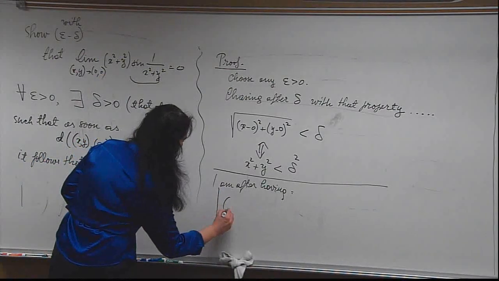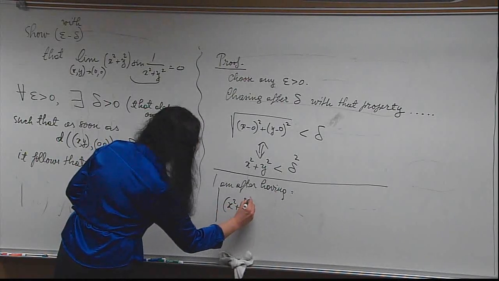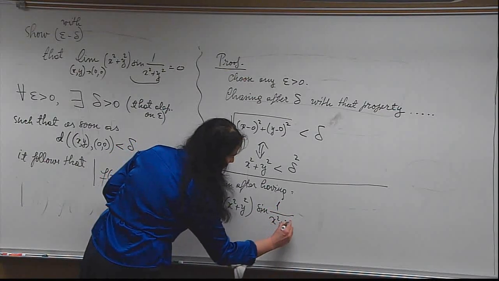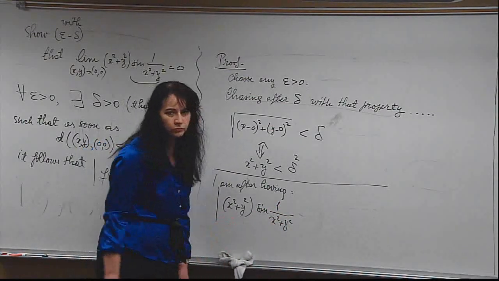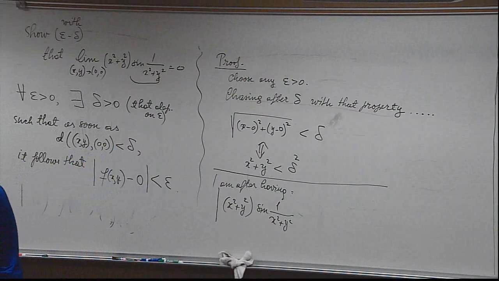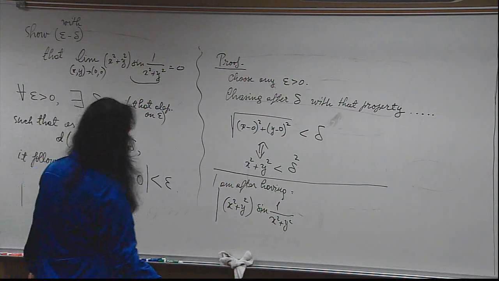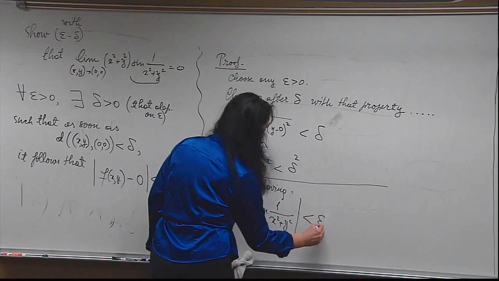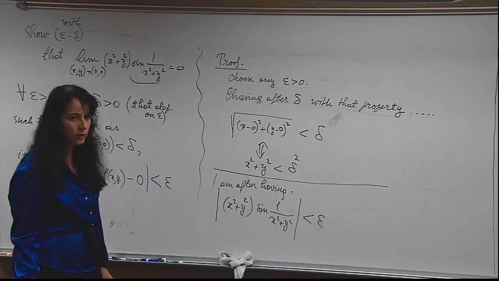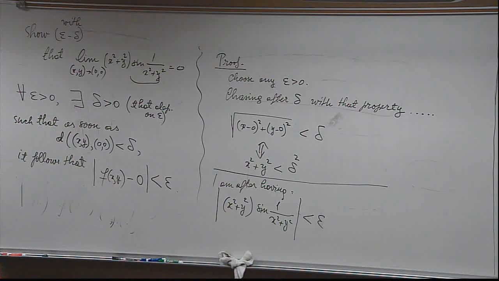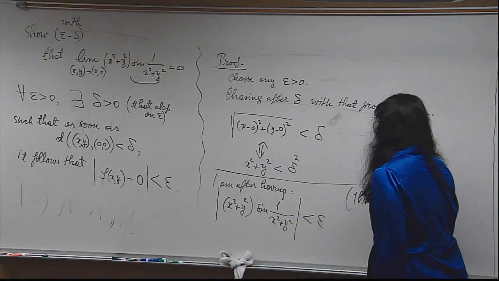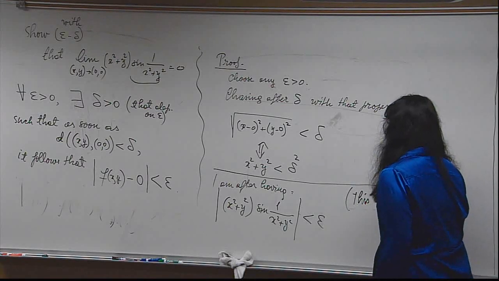So absolute value of (x squared plus y squared) times sine of 1 over (x squared plus y squared), minus 0, I'm not going to write it. We all know what that means. Less than epsilon. This is what must follow as a conclusion. This is what must happen.